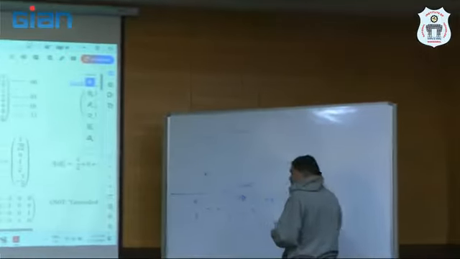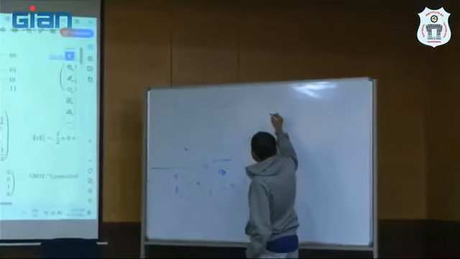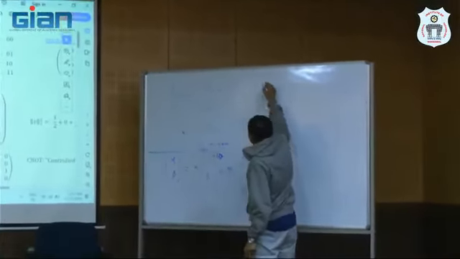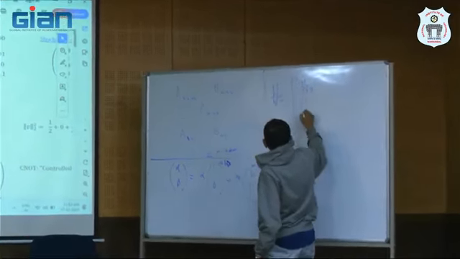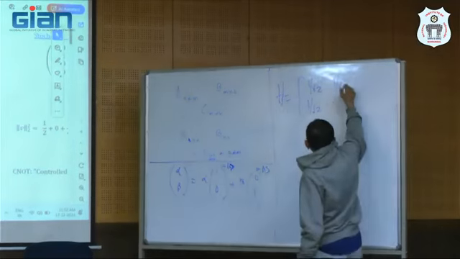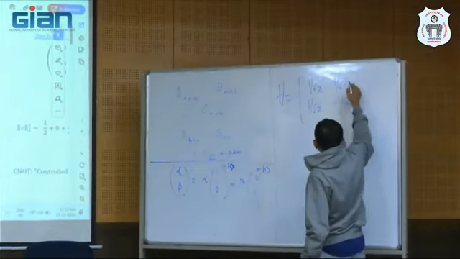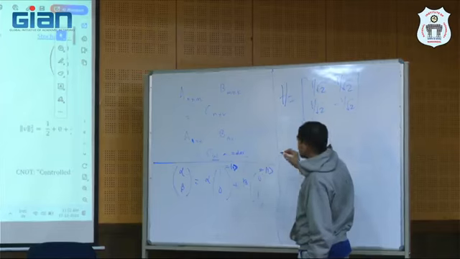H times V0. Okay, let's write H first. H equal to 1 over square root 2 times the matrix 1, 1, 1, minus 1. Okay? Now let's multiply.